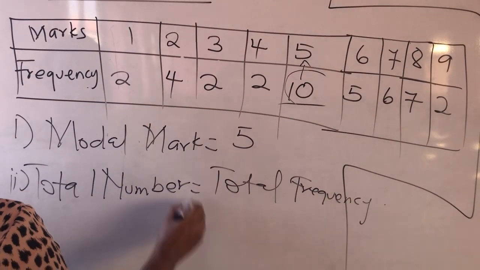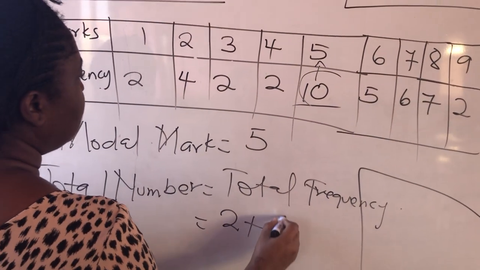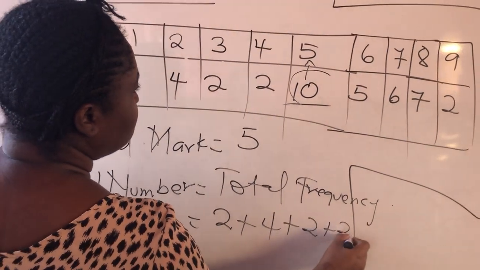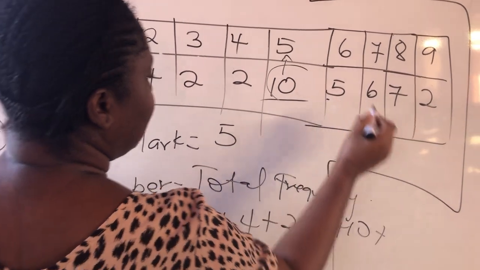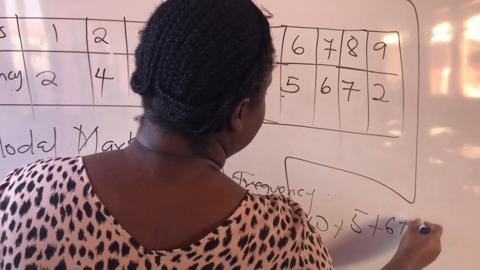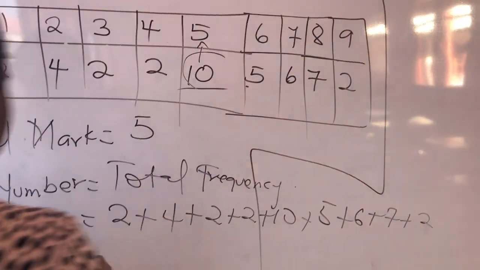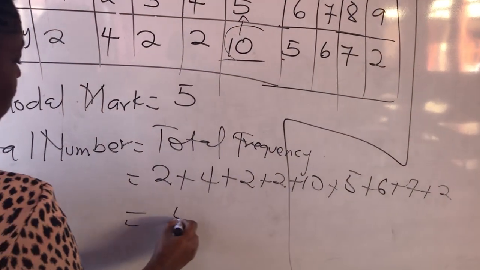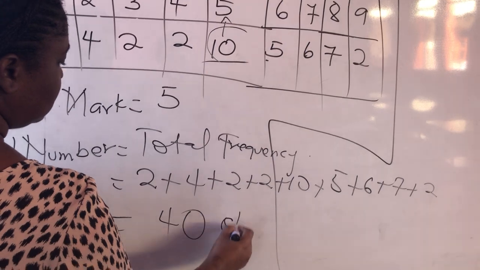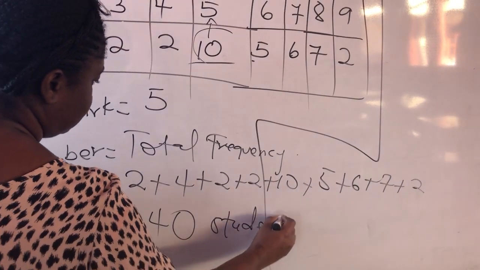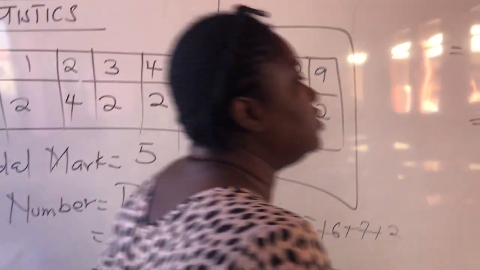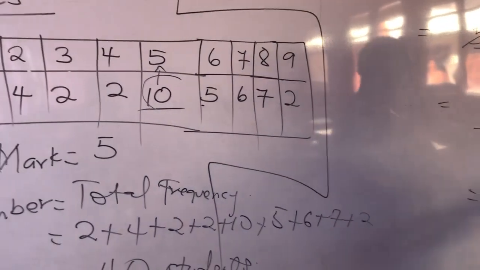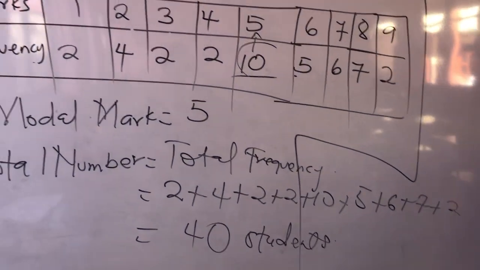Or you can write 2 plus 4 plus 2 plus 2 plus 10 plus 5 plus 6 plus 7 plus 2. When you do this total, you realize that 40 students took the test. Right, so take your books and make sure everything that I'm saying, you are copying it.